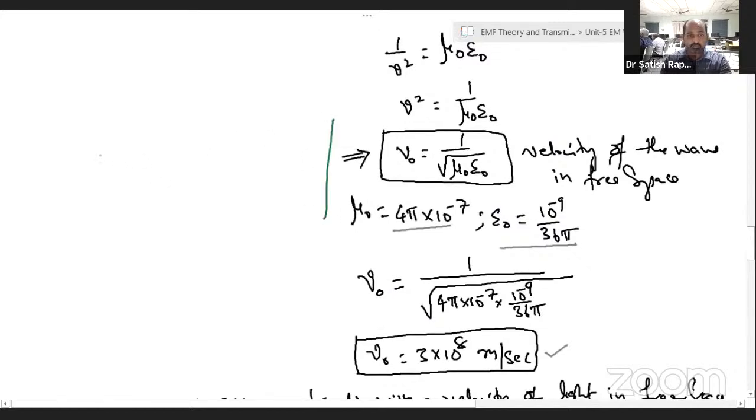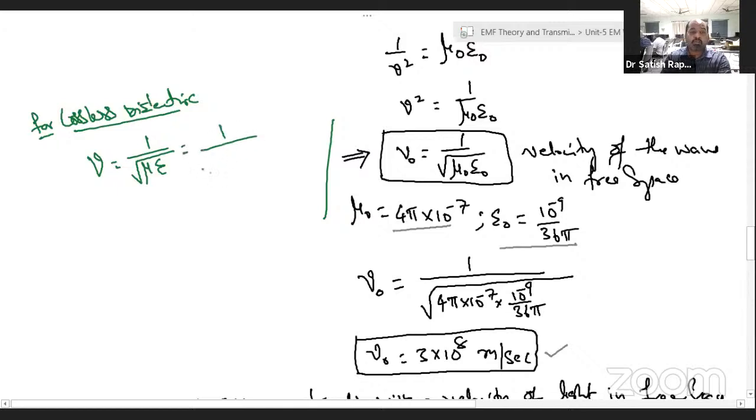And here velocity v for lossless dielectric, I have removed naught, which is equal to 1 by root mu epsilon. Instead of mu naught epsilon naught, it is simply mu epsilon, which is equal to 1 by root mu r mu naught epsilon r epsilon naught.